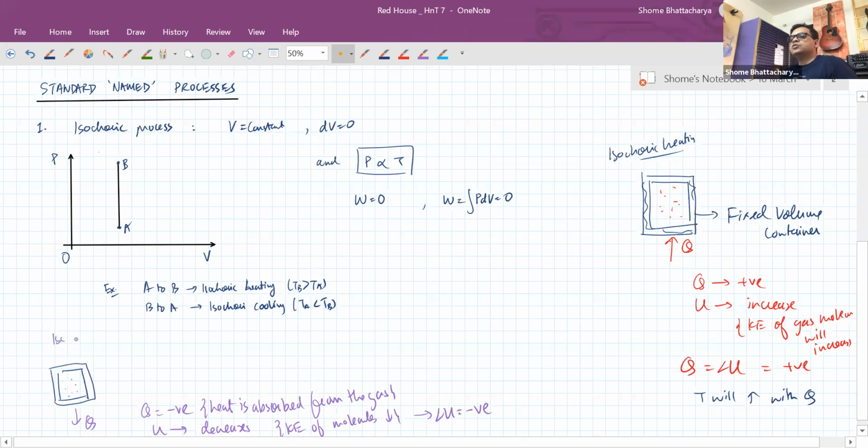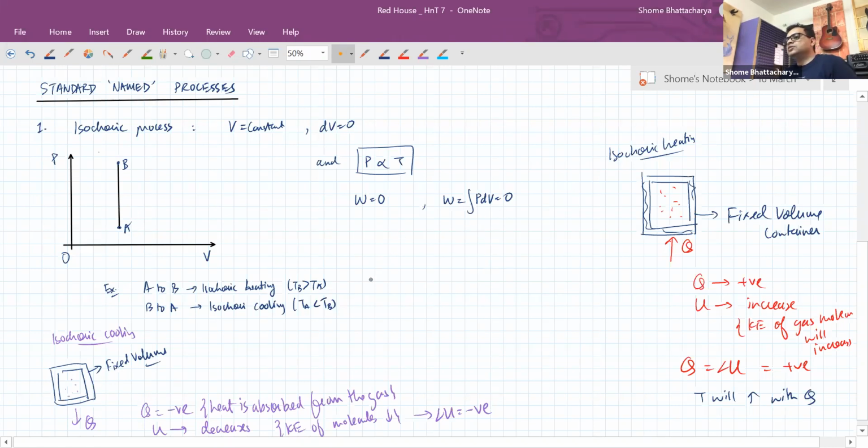So this is an example of an isochoric cooling, that we have a container of fixed volume, and from that we are withdrawing heat by some mechanism from the gas inside. So the gas will cool down. Okay. So these are the two types of processes, isochoric heating and isochoric cooling.